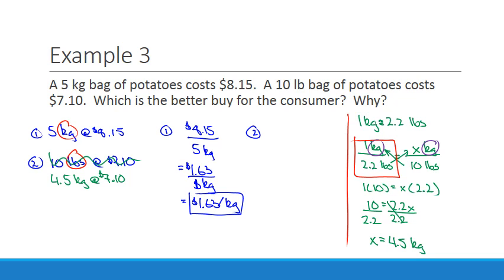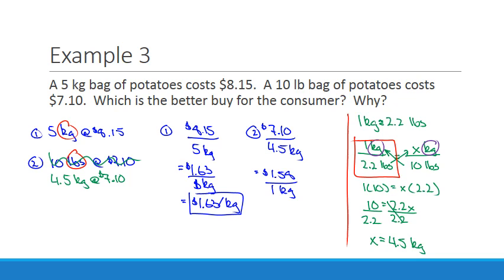Second one, I'll perform the same type of calculation. $7.10 on top, divided by 4.5 kilograms. Do that division, you'll get $1.58 over 1 kilogram. So again, I'm dividing the bottom into the top.